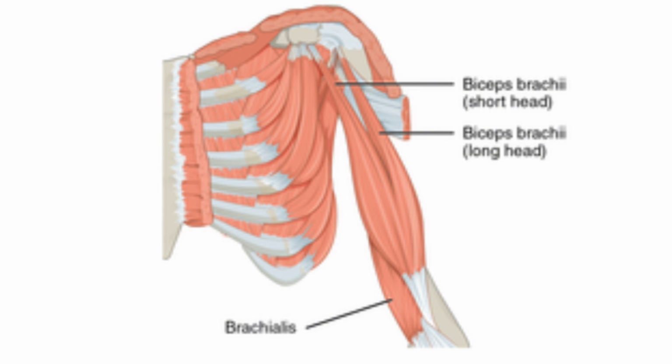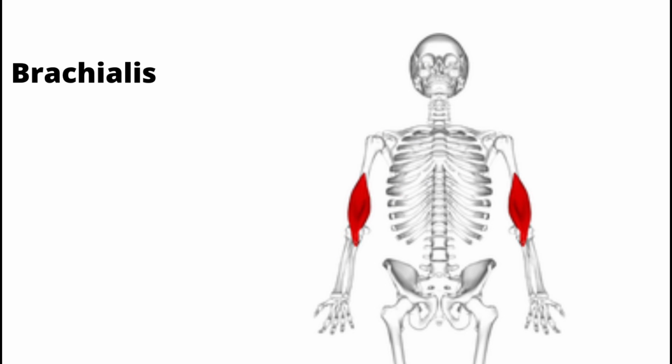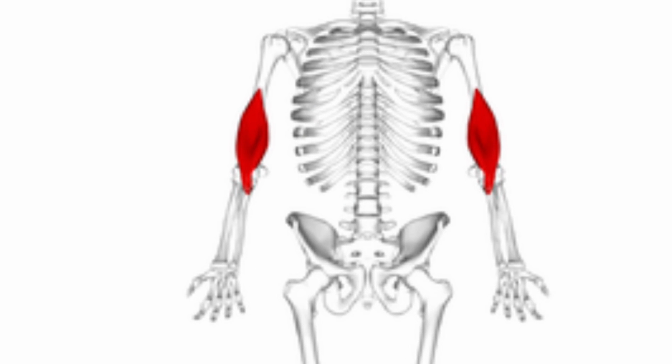forward. Brachialis. Name origin: from Latin brachium, meaning arm. It is really the arm muscle. Location: lies in the anterior compartment of the upper arm, deep to the biceps.